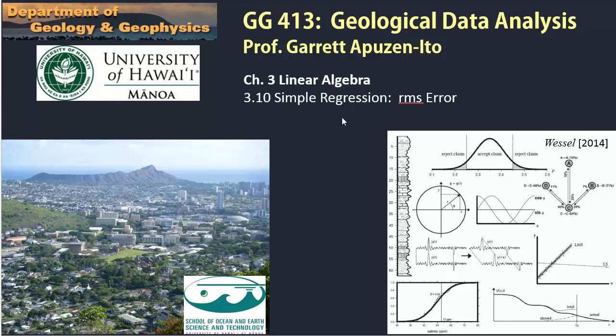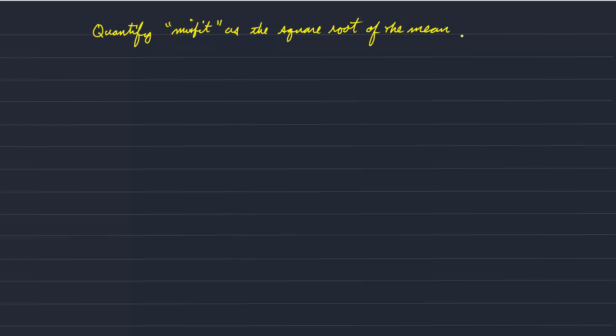And the quantity I'm going to describe how to compute is the square root of the mean square error, or in other words, the RMS error.